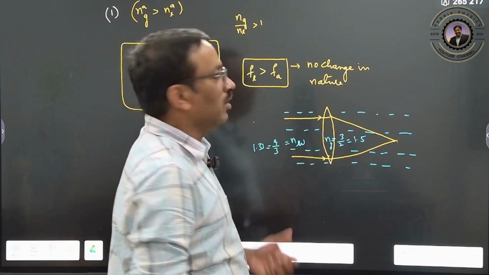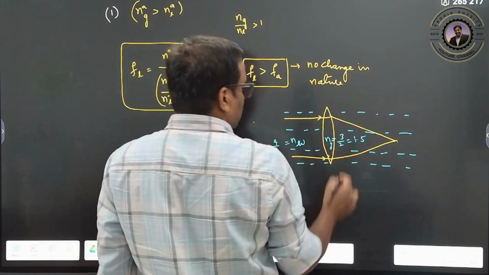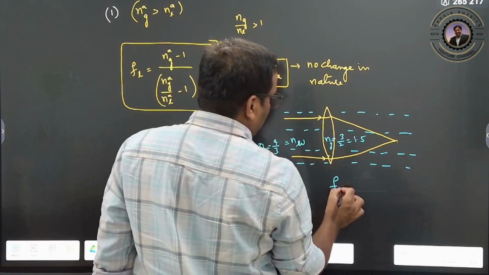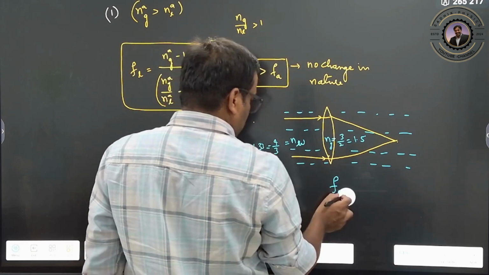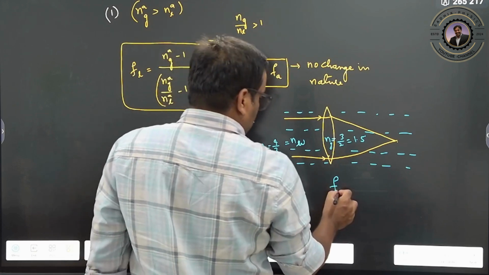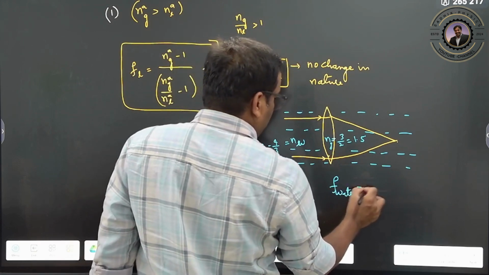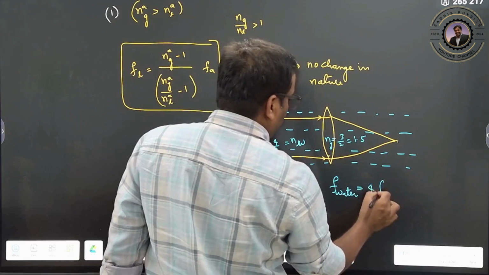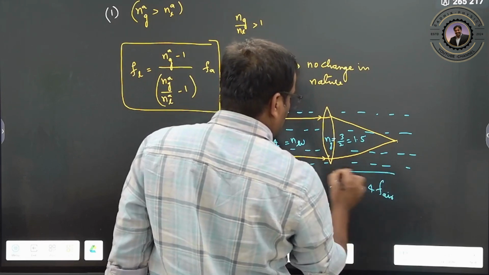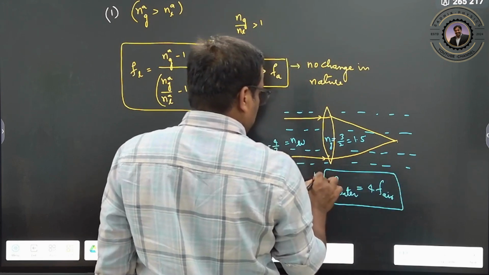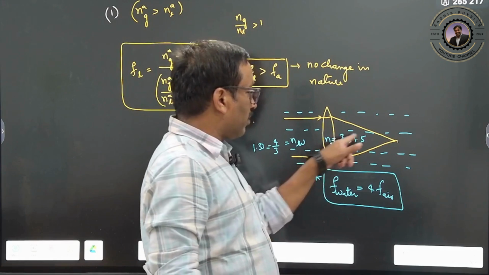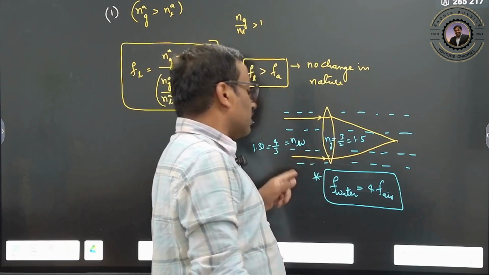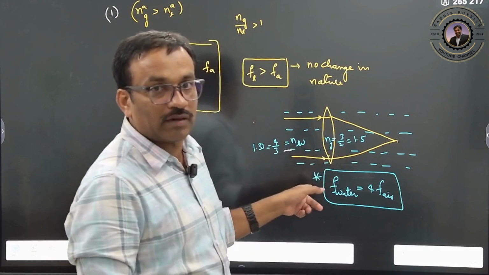If this is given, then you can calculate the focal length of the lens in the liquid. The liquid is nothing but water, so it will be equal to 4 times your focal length in air, that is all. No need to think anything, just remember this, provided that the lens is made of 1.5 and immersed in water of this refractive index.